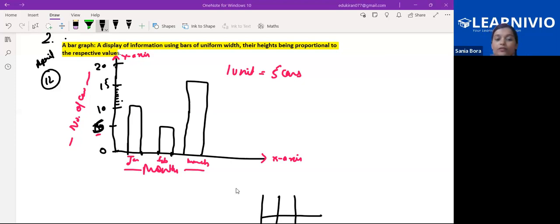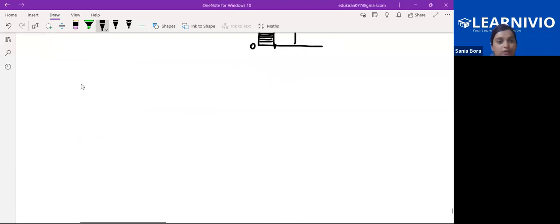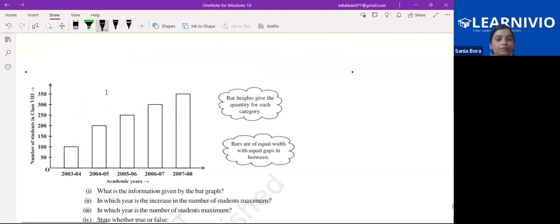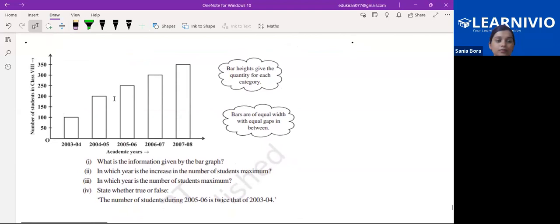Okay, now I will give you a graph. You have to read it out and answer the question. Just write the answers in your notebook: first, second, third, fourth.